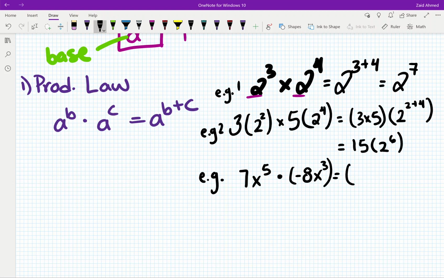So then we would do 7 times negative 8, x to the power of 5 plus 3, which equals negative 56x to the power of 8. And this is pretty much the general idea for your product law.